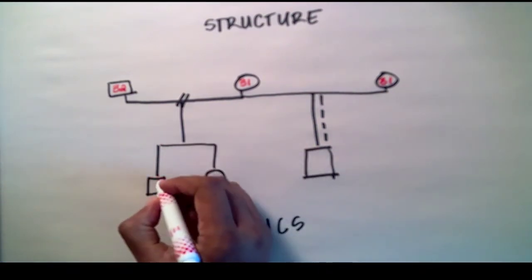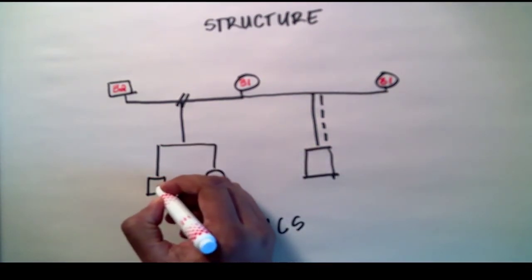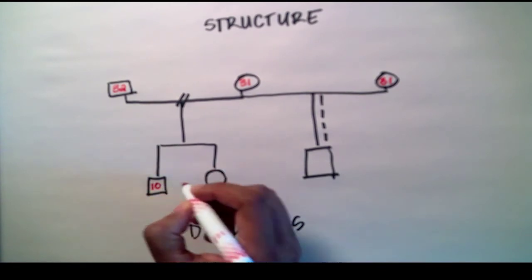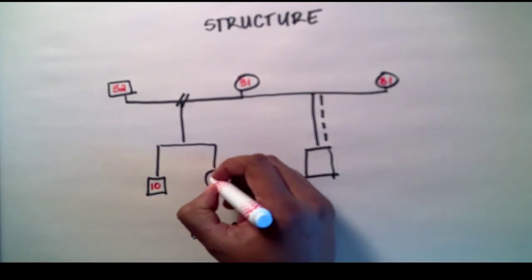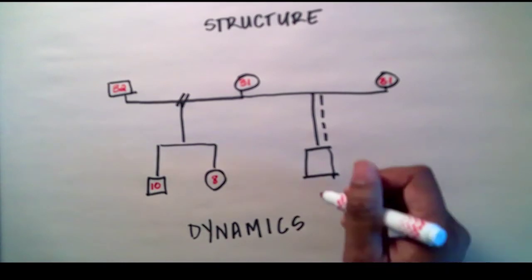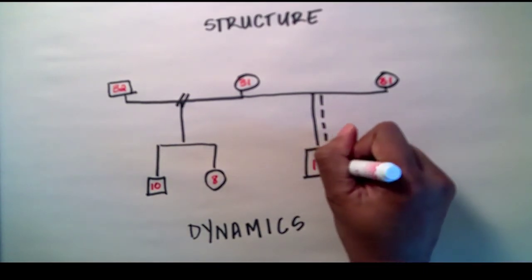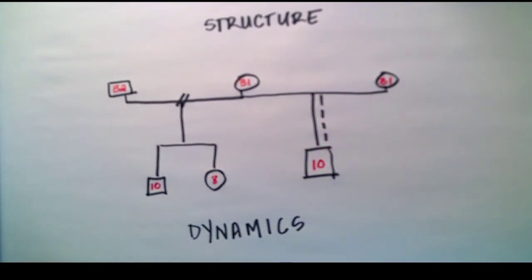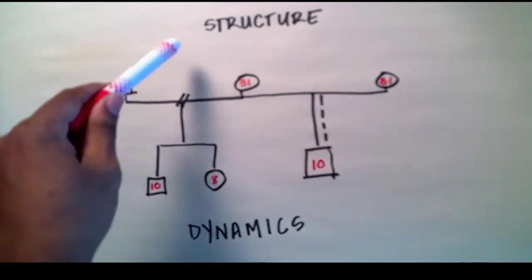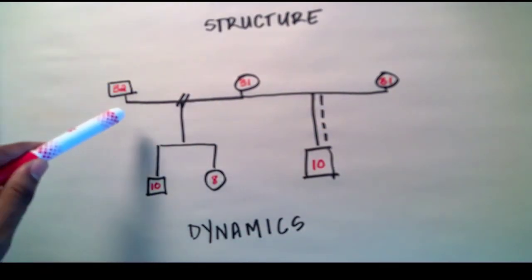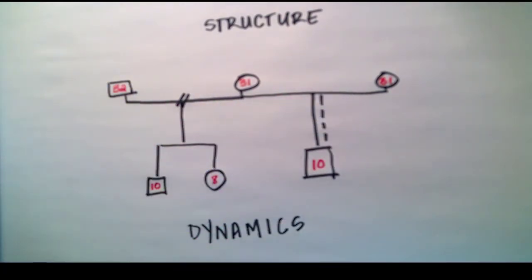We'll do the same thing for the kids. The boy is 10, the little girl is 8, and this boy is also 10. So now we have a basic structure of the family.